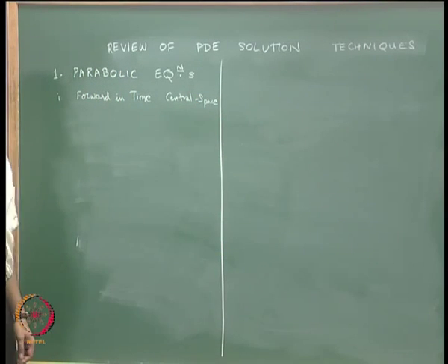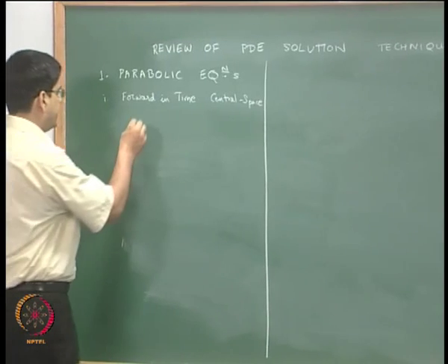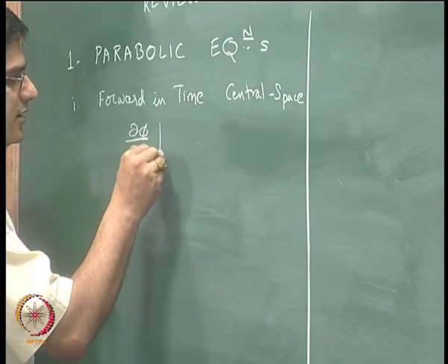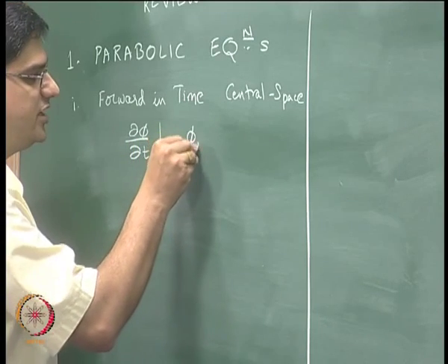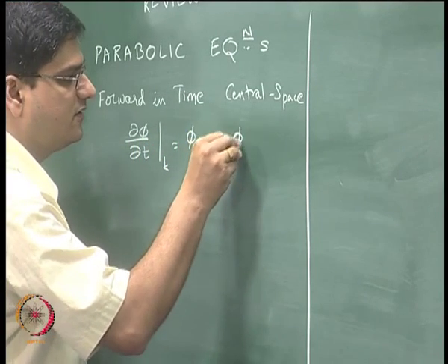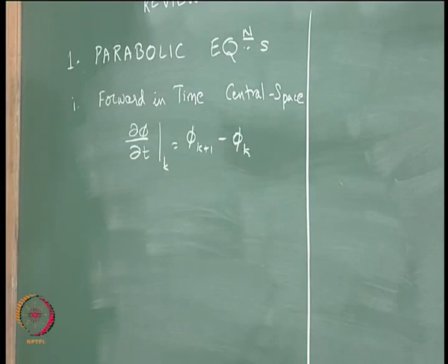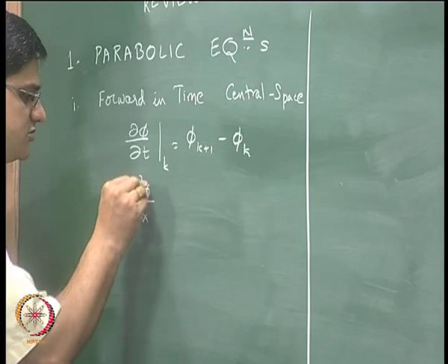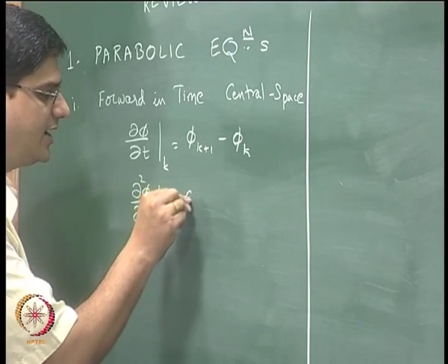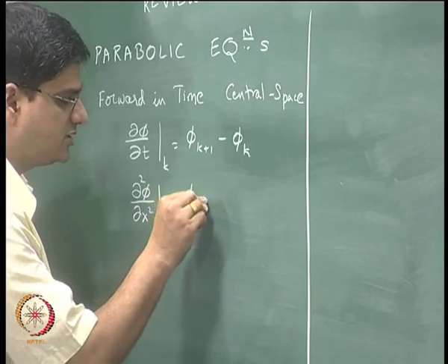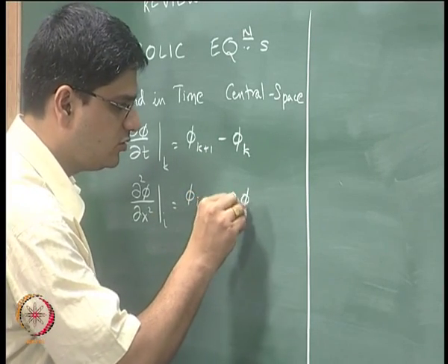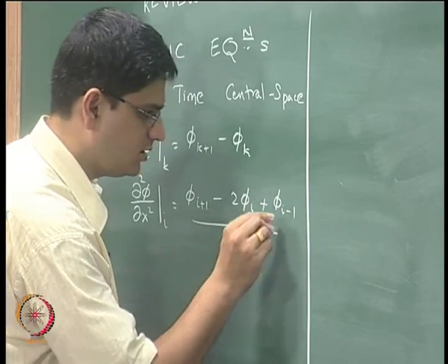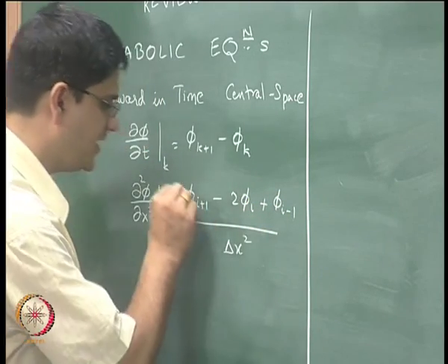Okay, forward in time, central in space involved writing d phi by dt at time k as phi k plus 1 minus phi k, and writing d square phi by dx square at I as phi I plus 1 minus 2 phi I plus phi I minus 1 divided by delta x squared.